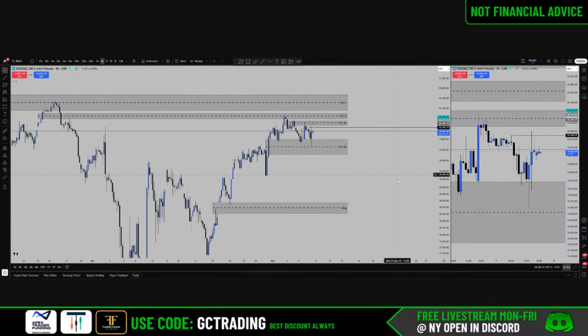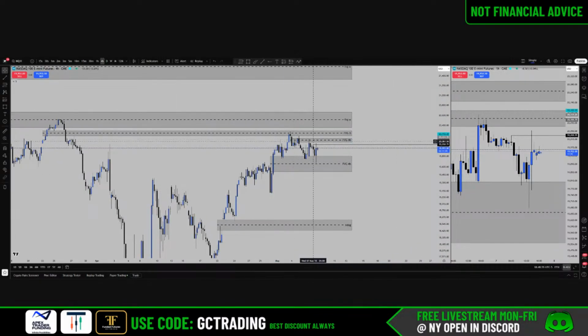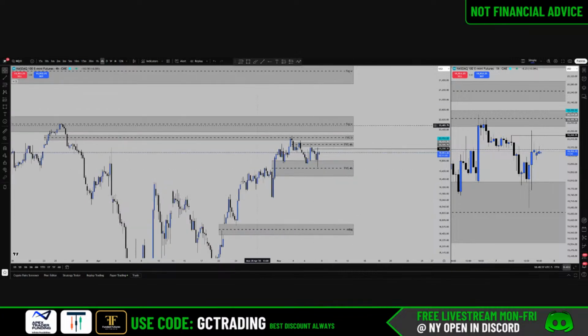Remember, on the 4 hour, we have this 4 hour gap right here and this 4 hour gap right here, right? So right now, price is still just in between those gaps. I really want to see price get outside of one of these gaps, but right now we're still in them.